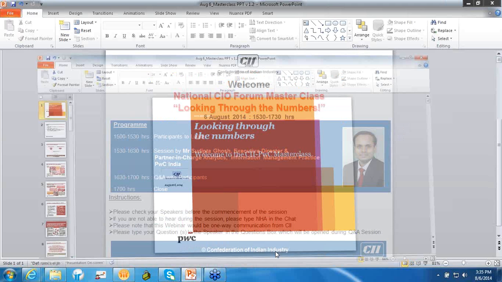But then the similar concepts are equally applicable for the other boxes. The overall objective being that if you have better knowledge about your stakeholders, about your customers, about your financials, about your costs, then that does translate into a significant amount of competitive advantage for you.